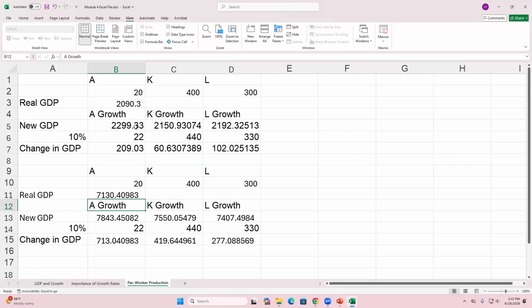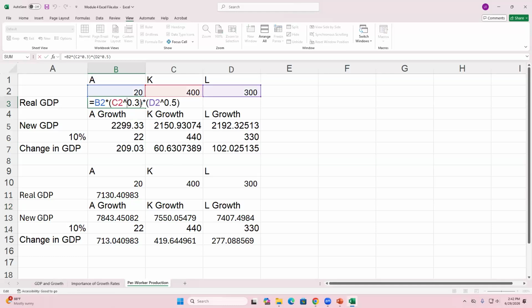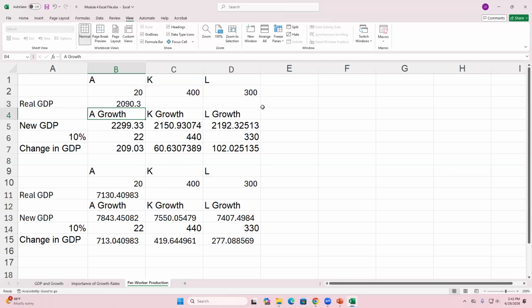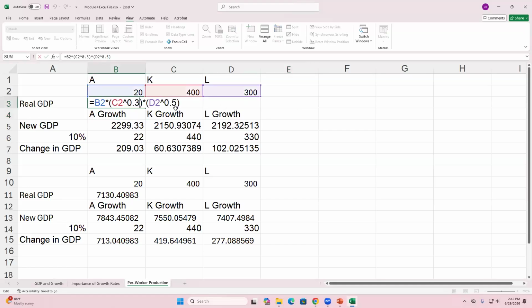Well, when I'm looking at my production function, if the exponent on capital is ever greater than the exponent on labor, that means the same amount of capital should increase real GDP by more than labor, right? Taking anything to a higher power is going to produce a higher value. So up here, sorry, we had 0.3 was the exponent on capital, 0.5 was the exponent on labor.